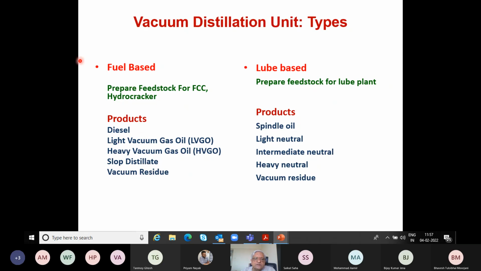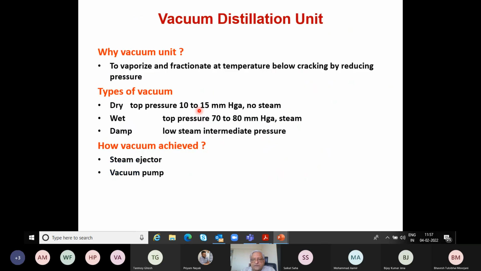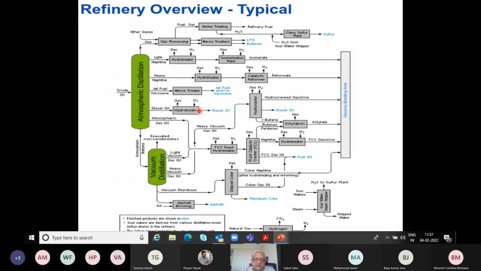So this is more or less how these types of columns work. They produce feedstocks which are cracked further in what we call secondary processing units, called the fluidized catalytic cracking unit or hydrocracker. So you can see here the light vacuum gas oil and the heavy vacuum gas oil. In this case, the heavy vacuum gas oil goes into a hydrocracker.